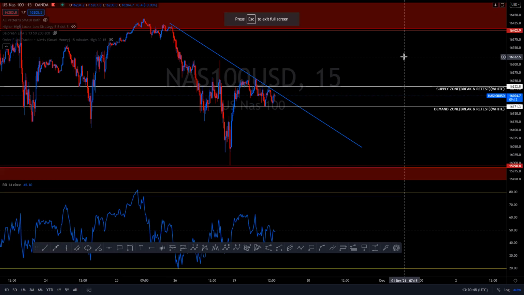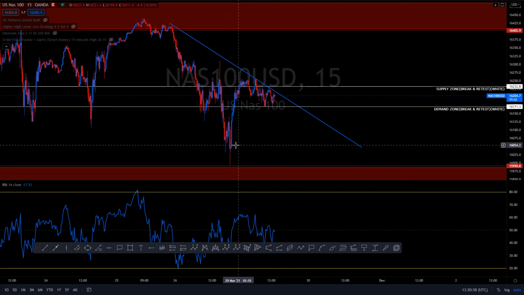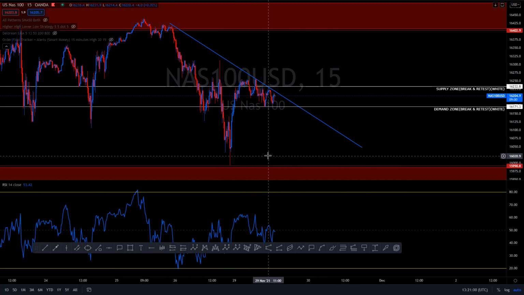then the next thing I like to do is locate Harami candles and locate institutional imbalances. So I could see that there was a Harami candle here.